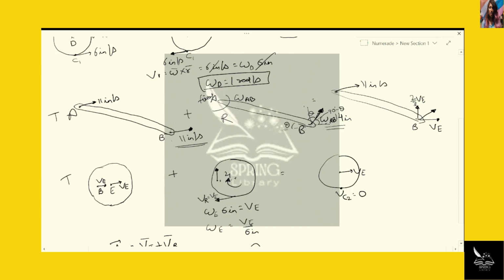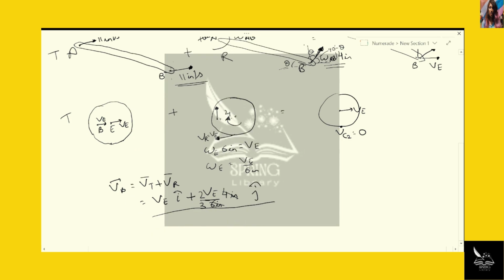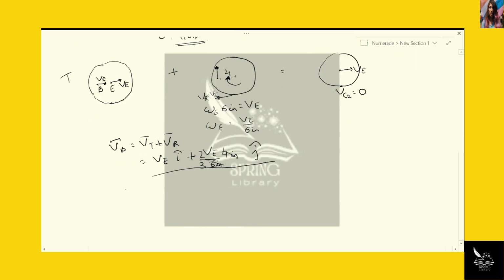So we get two equations. For the x component at B, 11 inches per second plus omega AB times 14 inches, not per second, because omega has per second units.